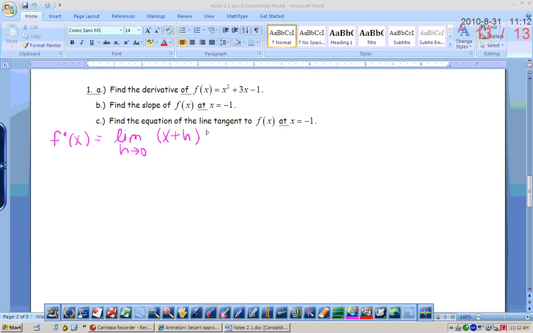Everywhere you see an x, I'm going to plug in x plus h. And then the formula says to subtract f of x. So I'm going to subtract the function that was given to me. And then I'm going to divide by h.